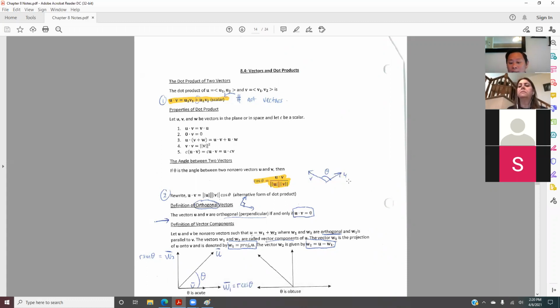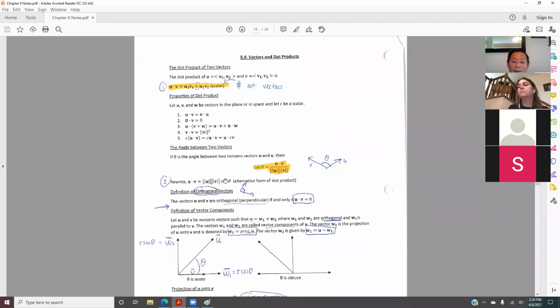Okay, what is so important about this dot product here is that if you find out the dot product is equal to 0, you find out that these two vectors are orthogonal to each other. Orthogonal means perpendicular. So in order for you to prove that these two vectors are orthogonal to each other, you just need to multiply them.